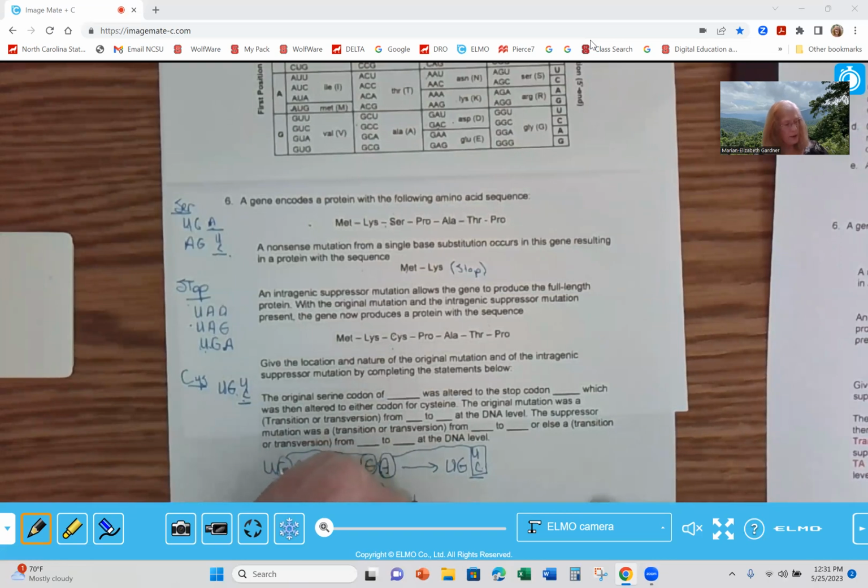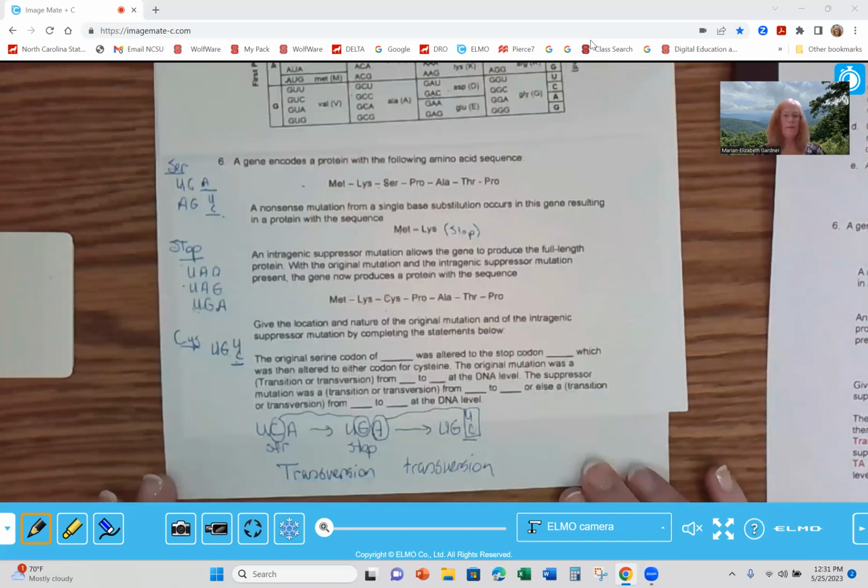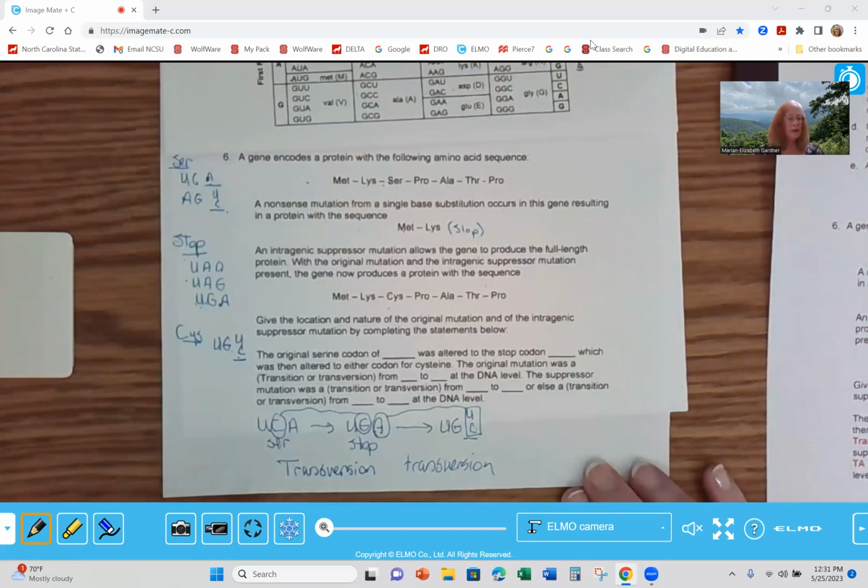So that is also a transversion. So I did a transversion from a CG base pair to a GC, and then another transversion from an AT base pair to either a TA or a CG.